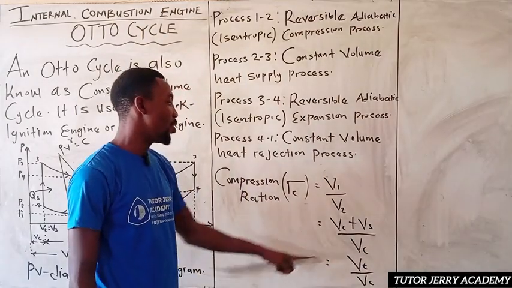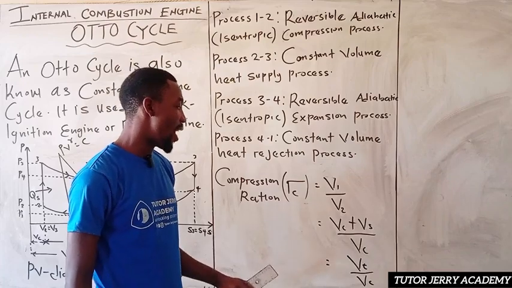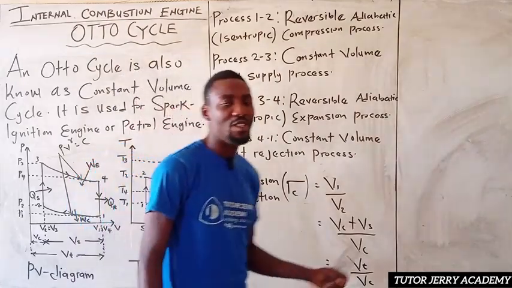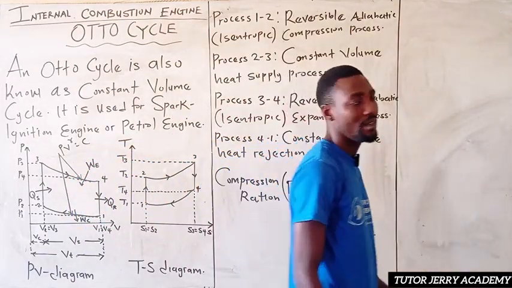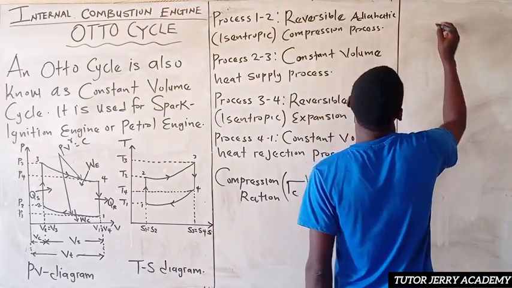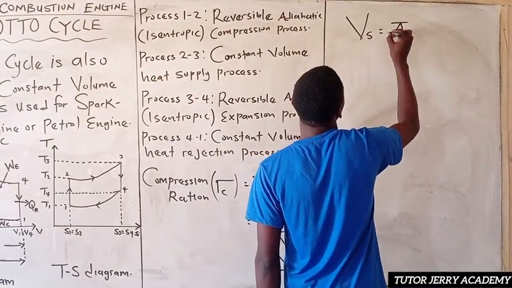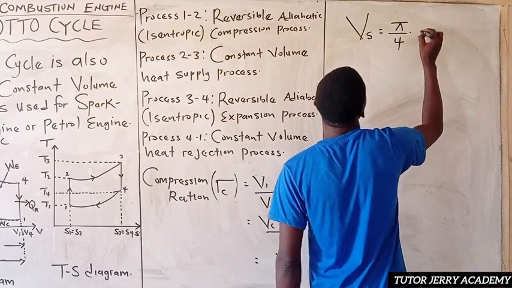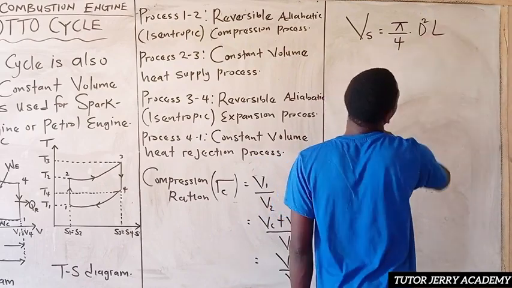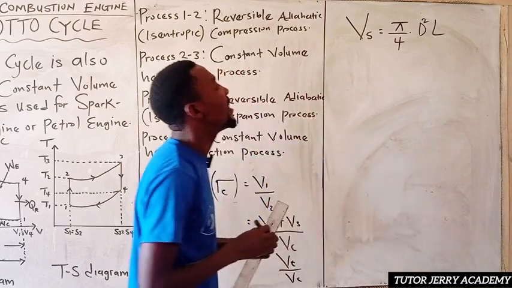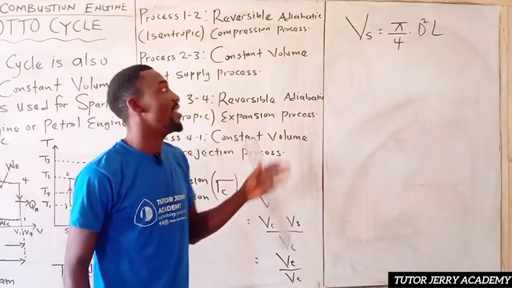So again, you need to note this formula, that our stroke volume can be denoted with this formula. Our stroke volume is equal to pi all over 4 multiplied by d square L. All right, so L there is the length and d is the diameter.